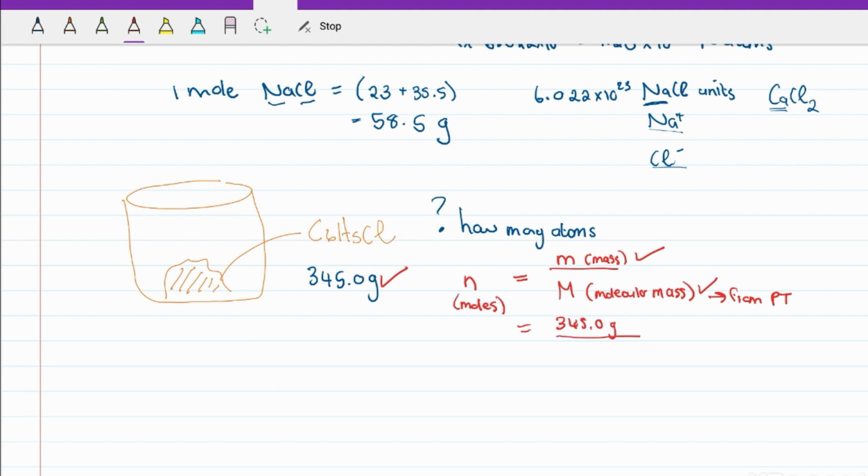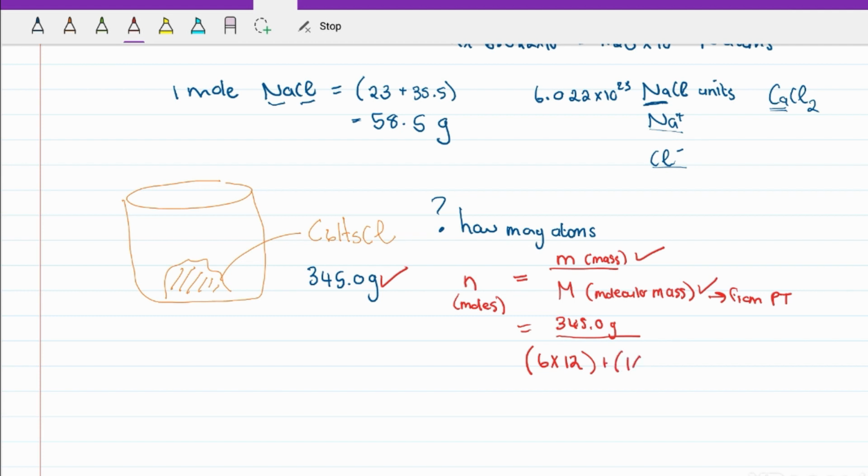Take the mass, and now to work out your molecular mass, remember, you have to add up these different masses on the periodic table separately. So you've got 6 carbons, and the mass of one carbon is 12 grams per mole. Again, I'm just rounding up, I'm not going to be too analytical.